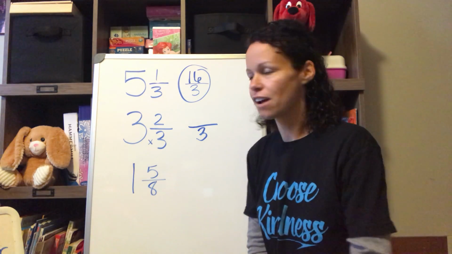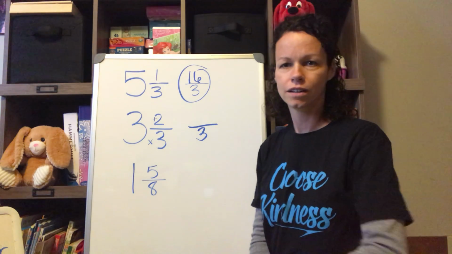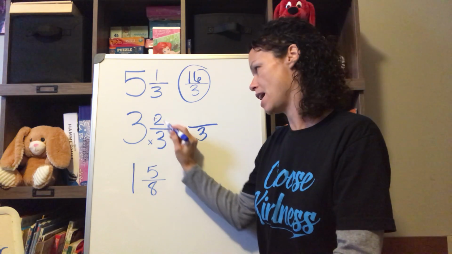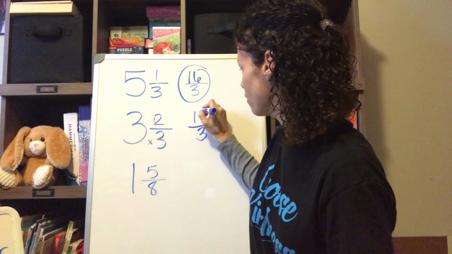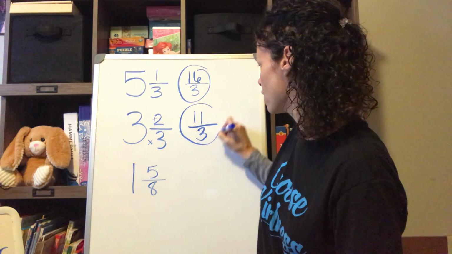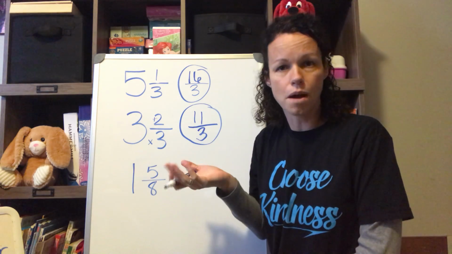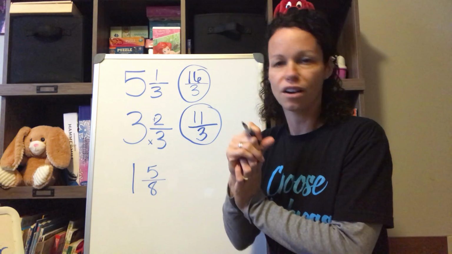Good. Now we have to add the numerator. So 3 times 3 was 9, and 9 plus 2 is 11. So we got 11 thirds here. Now notice these are all becoming improper fractions. Improper fractions just means the numerator is larger than the denominator.